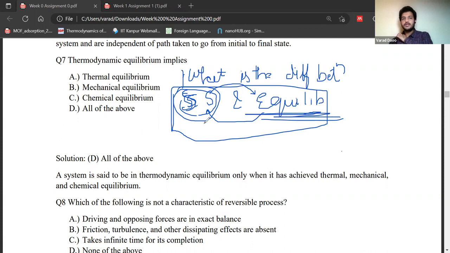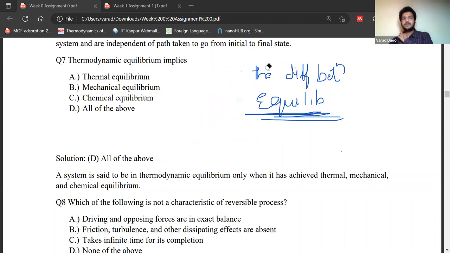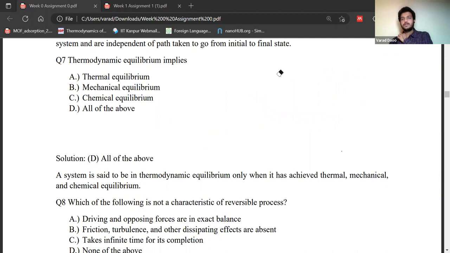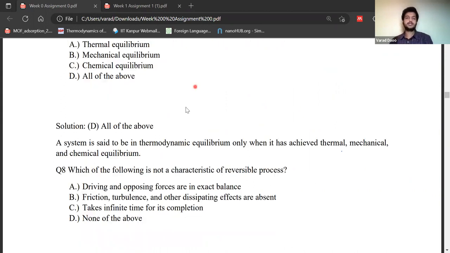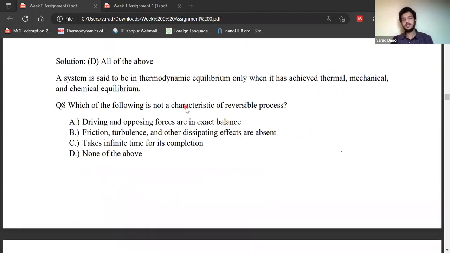Very rarely do we deal with steady state. So this is the takeaway question. What is the difference between steady state and equilibrium? Similarity and difference, right? So then we'll go to the next question, and this question we'll discuss next class.